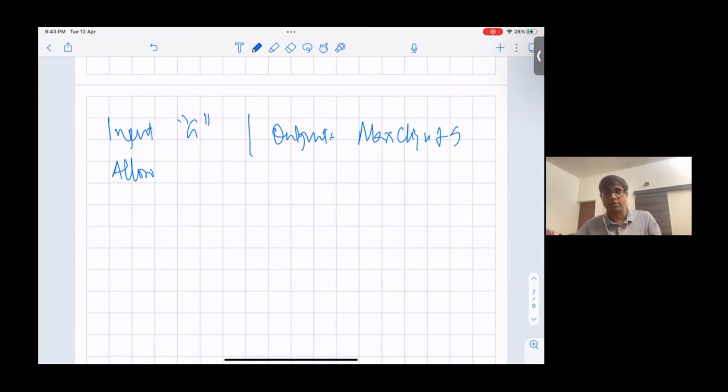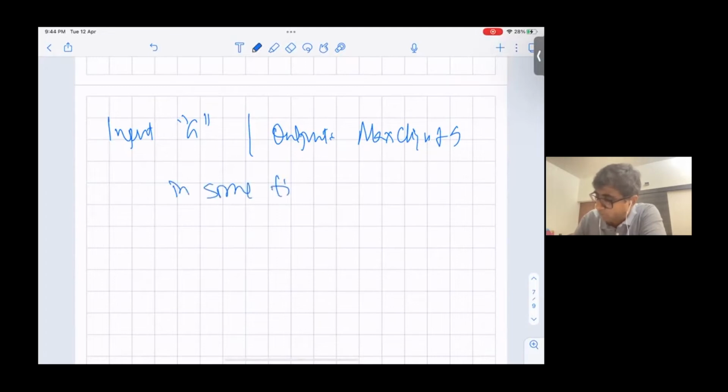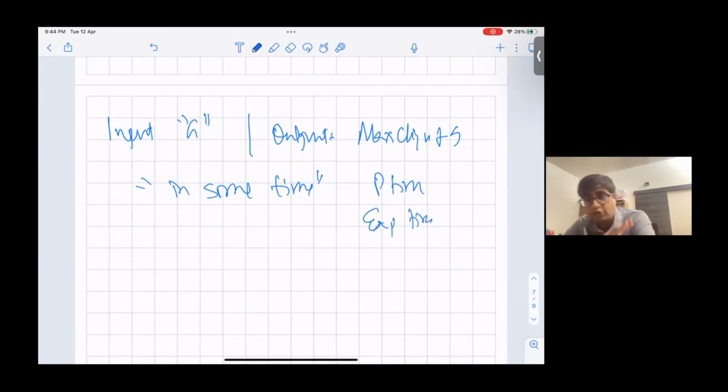It is supposed to output a clique of G. Suppose it always outputs a maximum clique of G in some time. It could be polytime, it could be exponential time, I don't know, but it always returns a maximum clique of G.